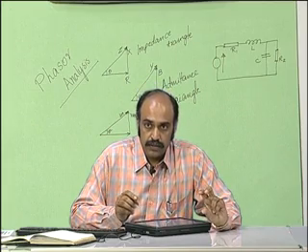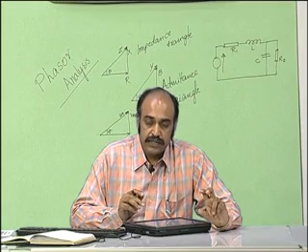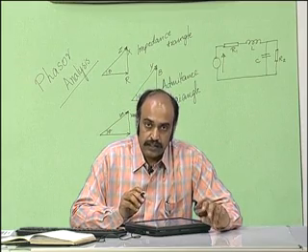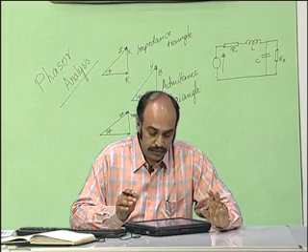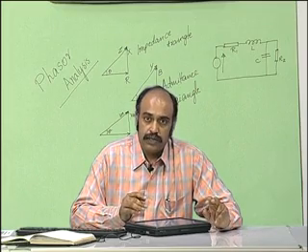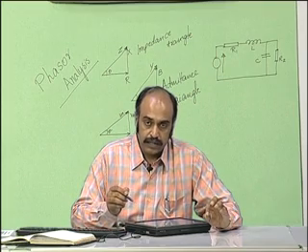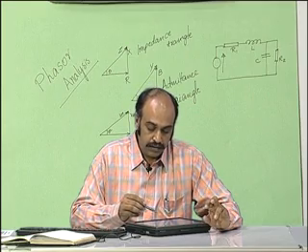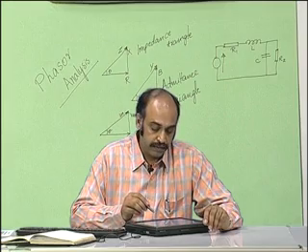For the KVL, you will end up with the impedance triangle, and for the KCL you will end up with an admittance triangle. You can interchangeably use them, and as the circuit complexity progresses, the phasor diagram will gradually grow and build up from these simple triangles to more complex shapes.